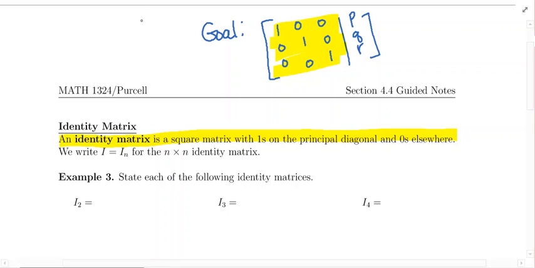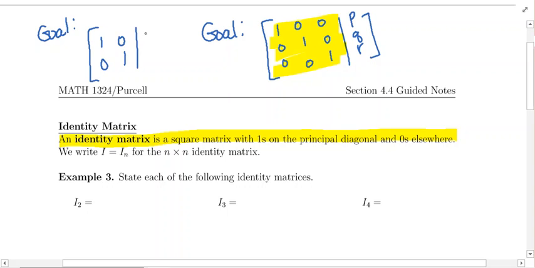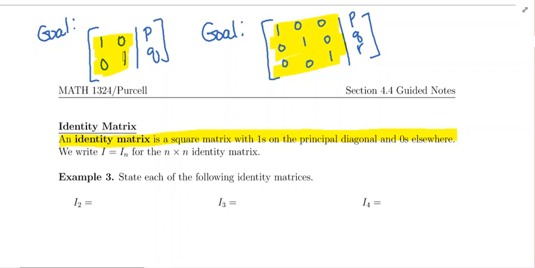Remember, if we had a system of 2 equations and 2 variables, the smaller system, the goal was still the same. There was still the identity matrix on the left side, because over here, it's still a square matrix, 2 rows and 2 columns if you're just looking at those 4 numbers that I have highlighted, ones on the principal diagonal, zeros everywhere else. So what you should be seeing here is that identity matrices come in different sizes.